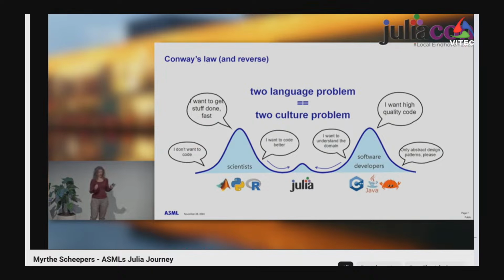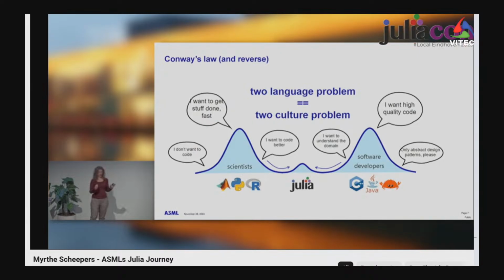Also at our institute, we have the scientists that come more from the domain, that are more used to languages like Python, R, MATLAB, and that just want to get stuff done. And then there's the more software developer part of the organization that, for instance, is more responsible for developing and maintaining the simulation kernels that we create.